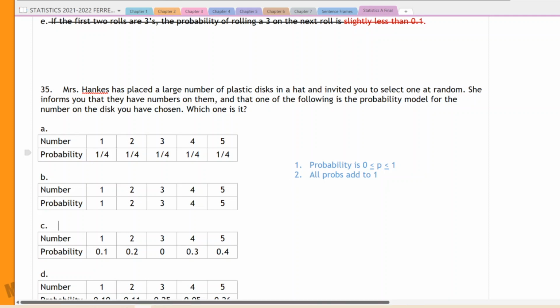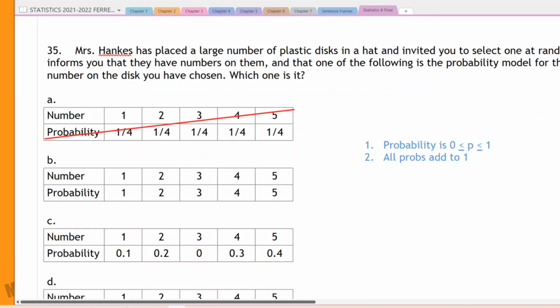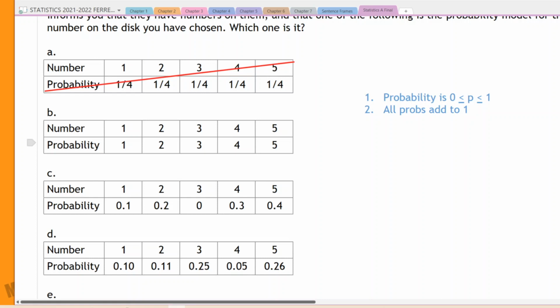So for letter A, when we see the number on the discs, we have 1/4, 1/4, 1/4, 1/4, 1/4. This is bad because all those probabilities add to 1.25. That's what's wrong with letter A. Letter B, oh, look at these probabilities: 1, 2, 3, 4, and 5. Those are not between 0 and 1. So I'm not a fan of that one.